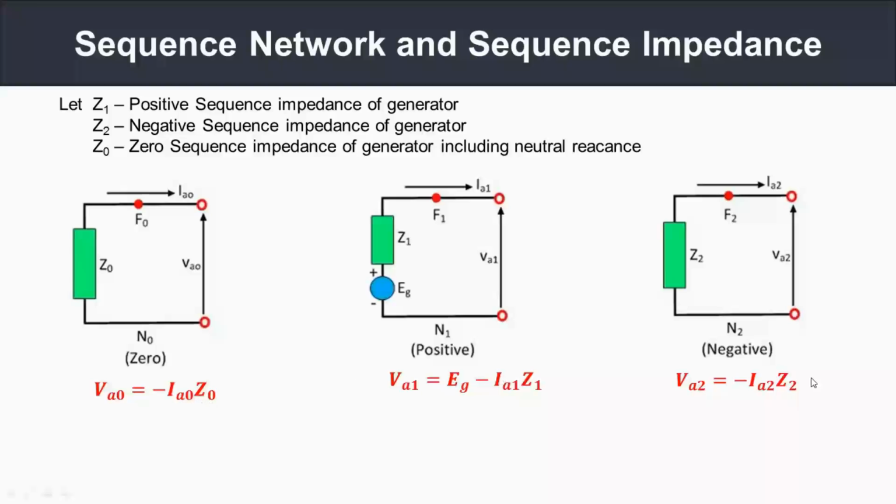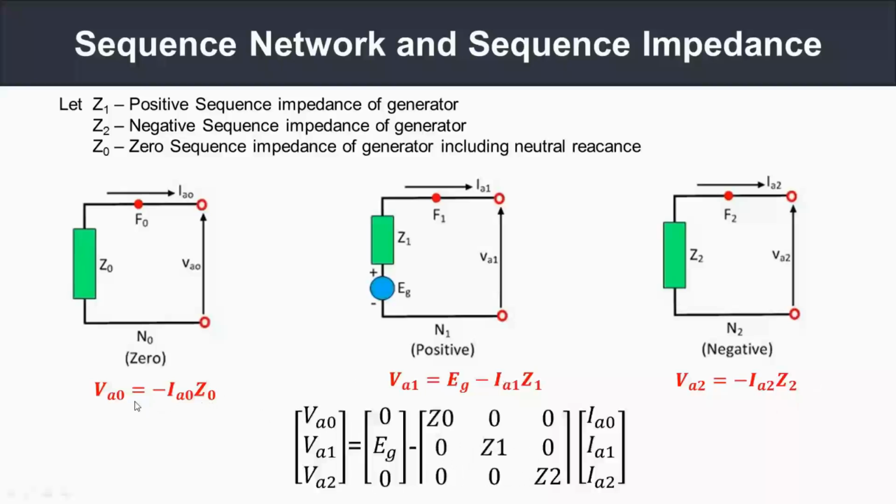Here these three equations are written in matrix form. We get VA0, VA1, VA2 on the left-hand side. Then there is no voltage generation term, so 0; for the second, EG; and for the third equation, 0.